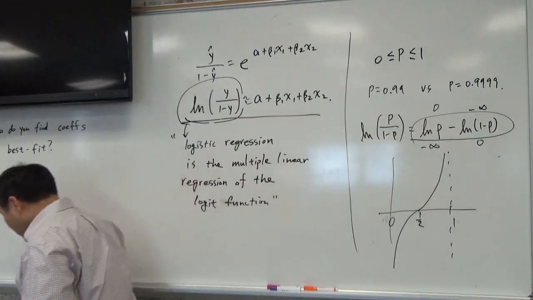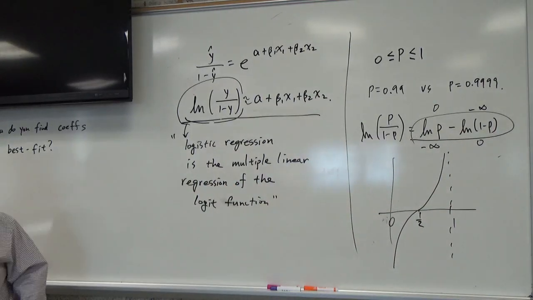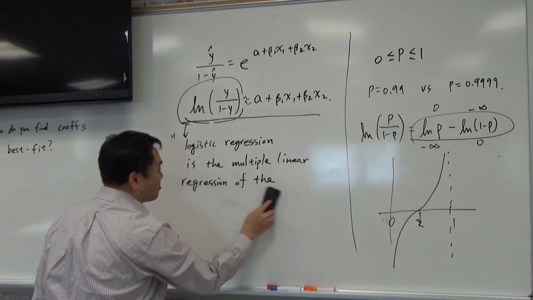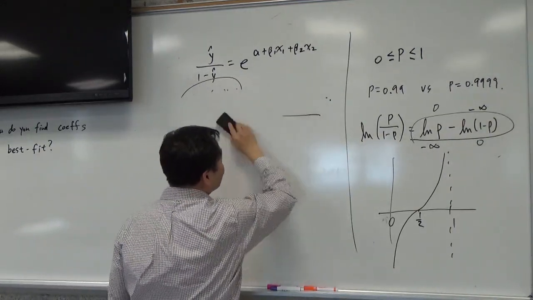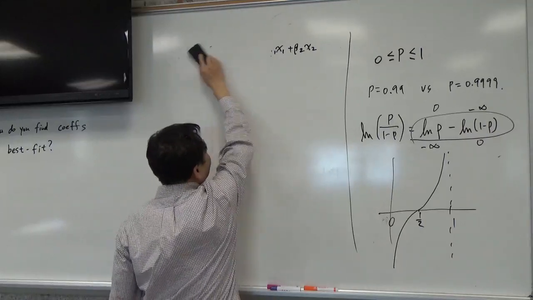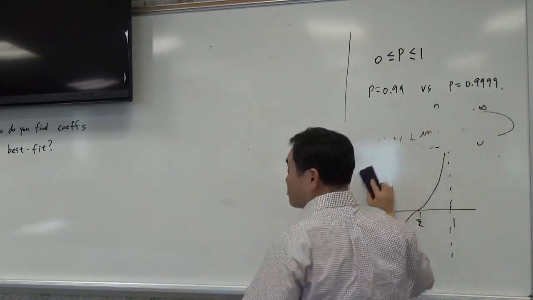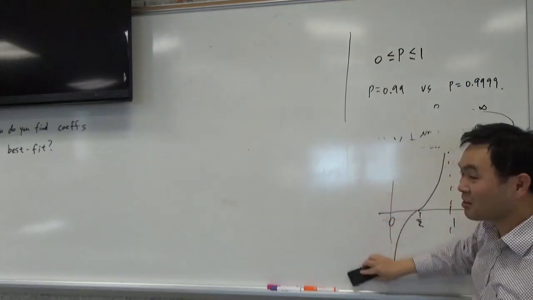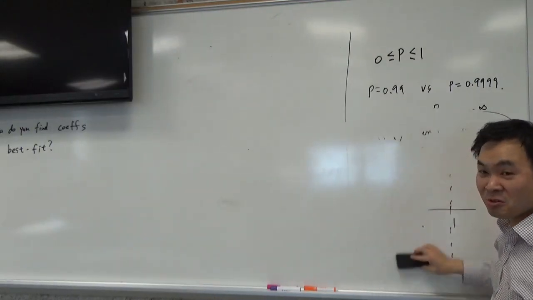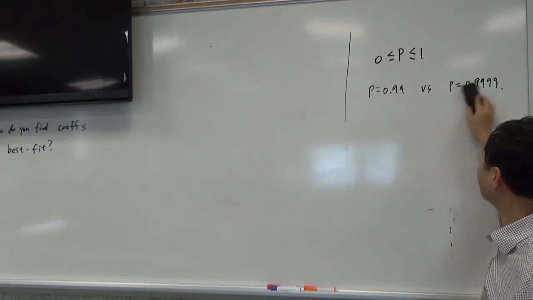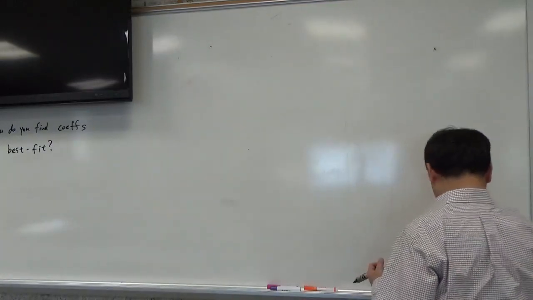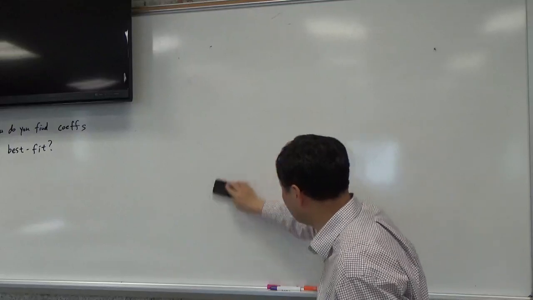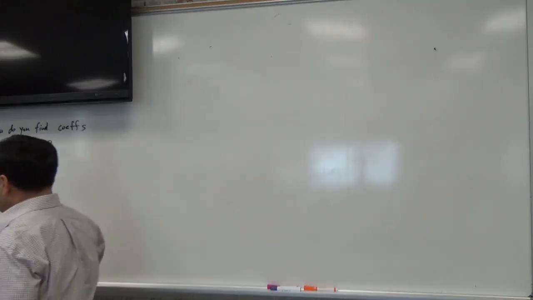So that means, even though looking at it this way fools you into thinking, oh, logistic regression is nothing different than multiple regression, it's just some transformation, which by the way, I was thinking that for a while when I first looked at logistic regression. It was something really easy. But it's not that easy.